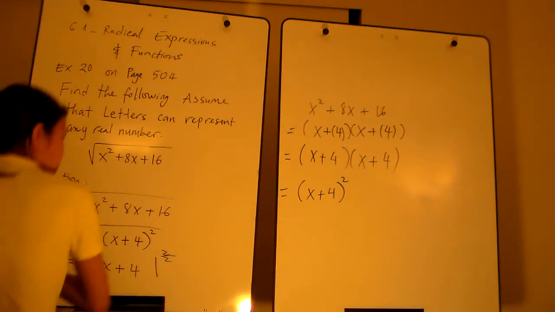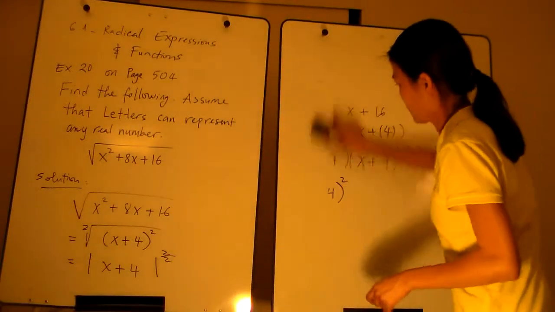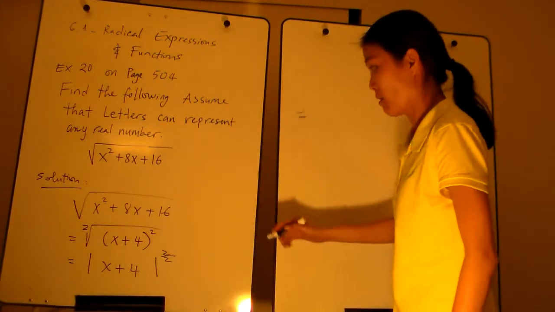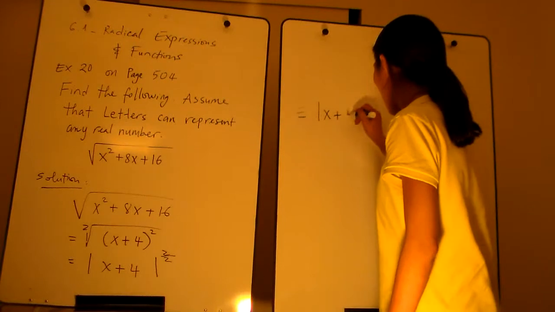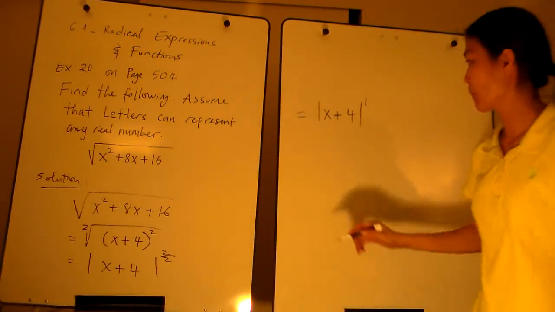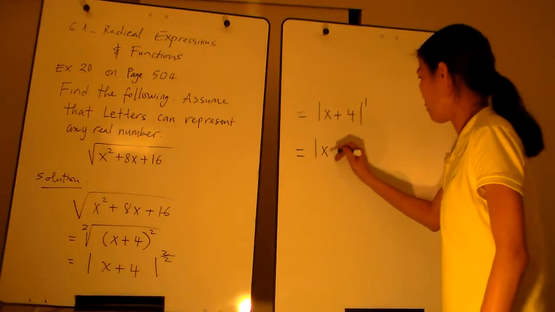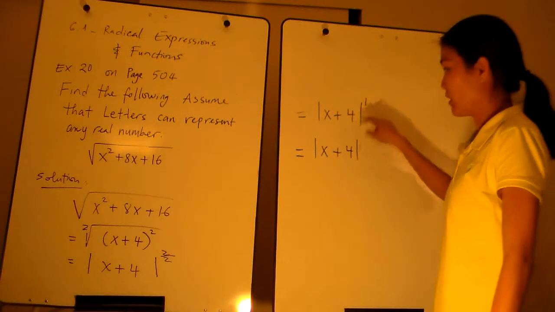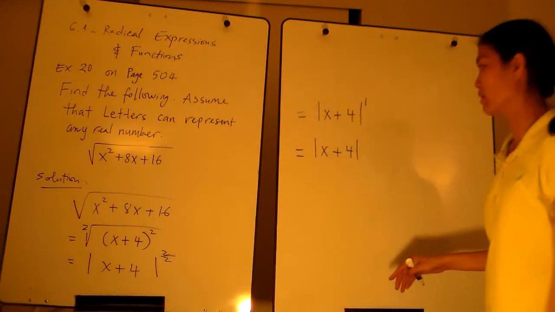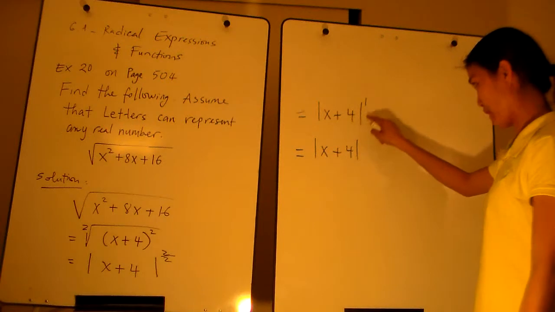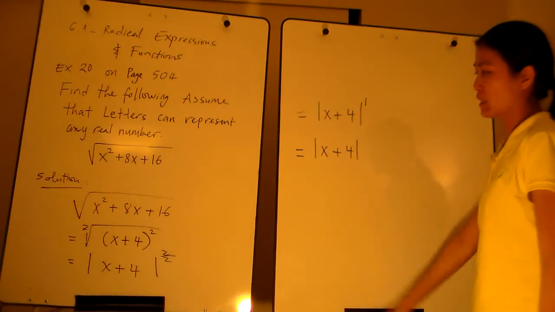Then we continue: x plus 4, and 2 divided by 2 is 1. So x plus 4 raised to the first power is the same as itself. It's not going to change.